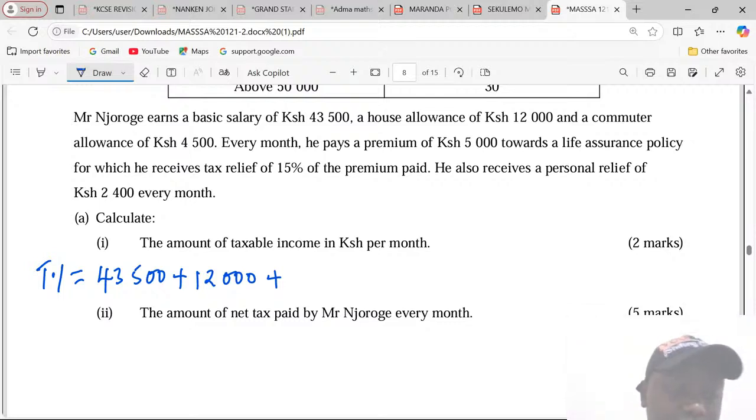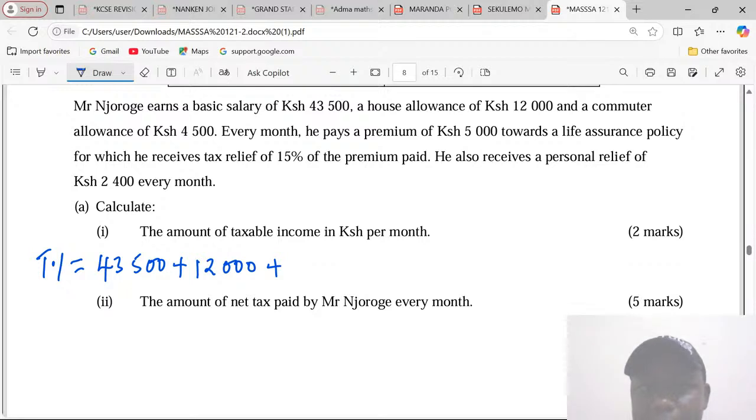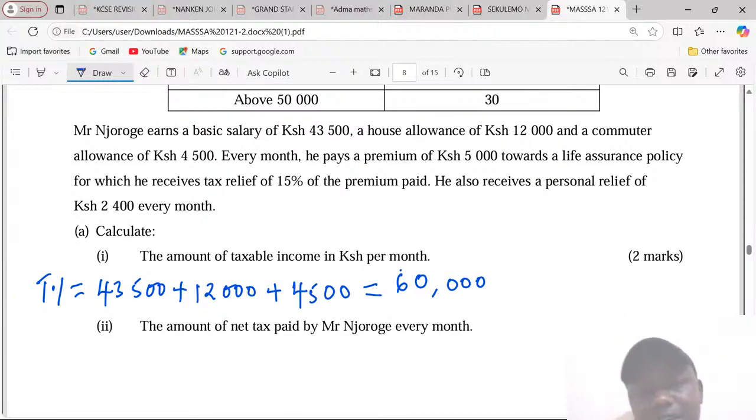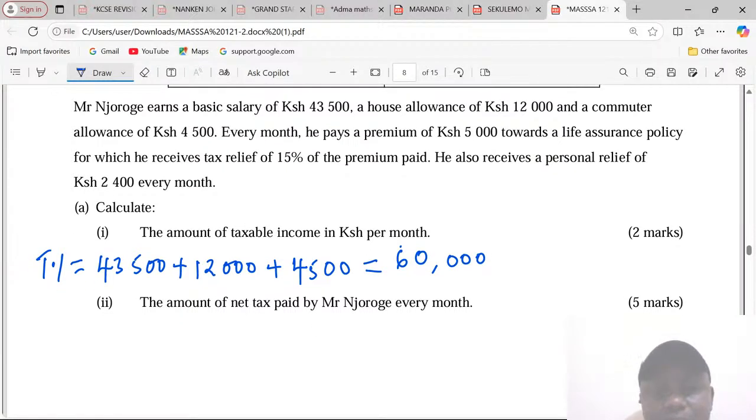And we are going to see such questions whereby you'll be told maybe a non-taxable hardship allowance and such things. Then we have 4,500. These are the only available sources of income: 43,500, 12,000, 4,500. This is 60,000. So for Mr. Joroge, there is a taxable income of 60,000 Kenya shillings.